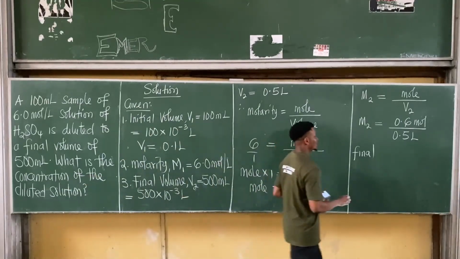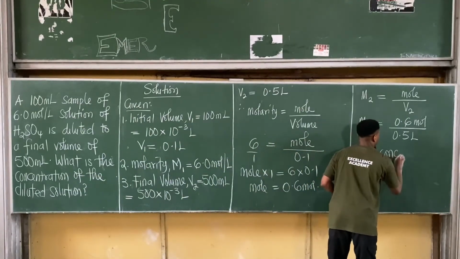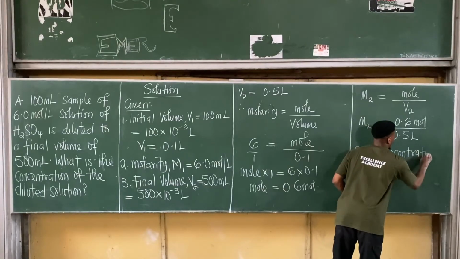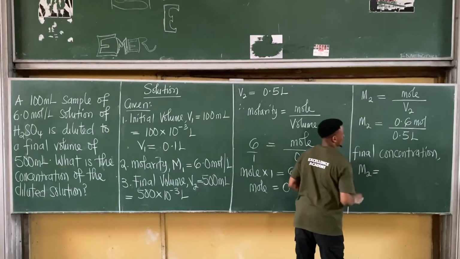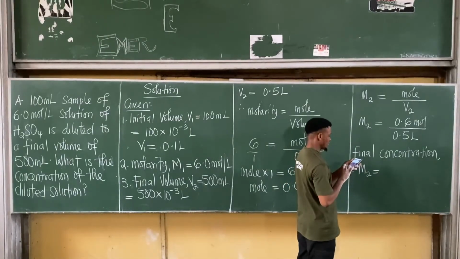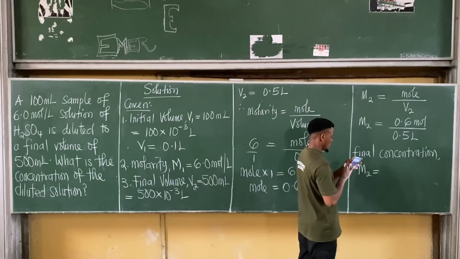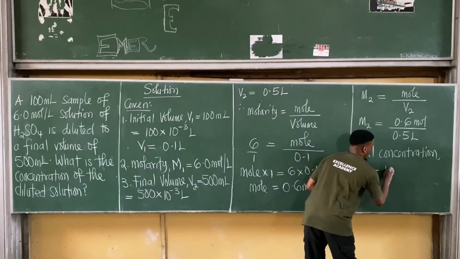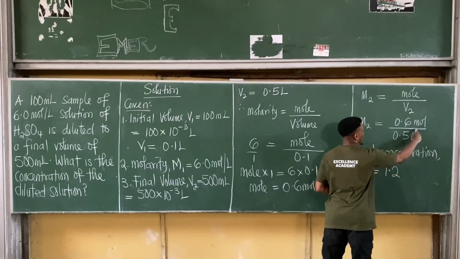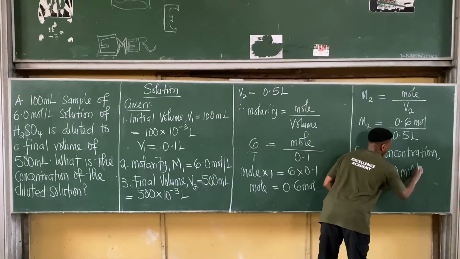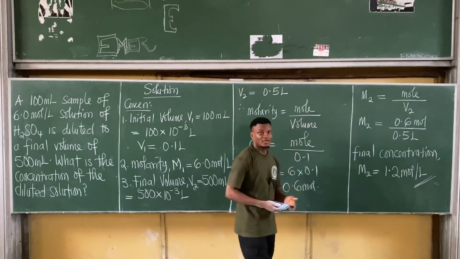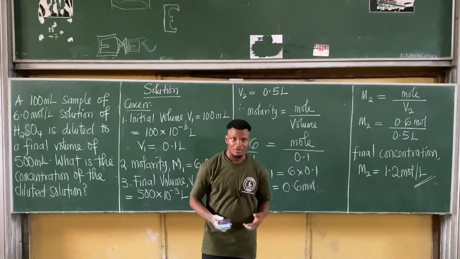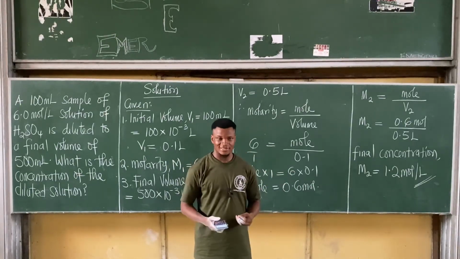So let's call it final concentration M2. It becomes 0.6 divided by 0.5, and that gives about 1.2 mole per liter. 1.2 mole per liter. So this becomes the answer. This is how we find the final concentration. This is how we solve this question.